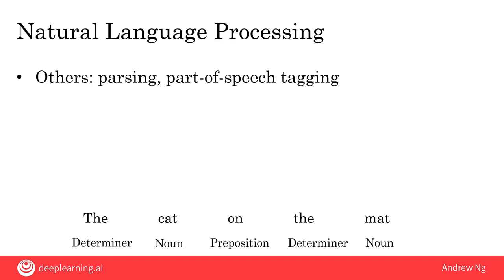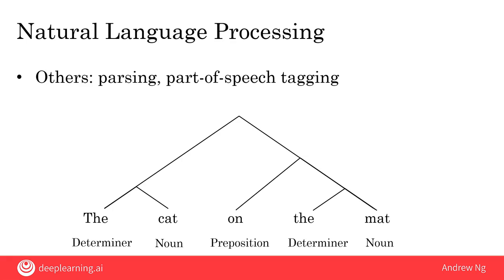Given these 5 words, a parser helps group the words together into phrases. For example, the cat is a phrase and the mat is a phrase, and so a parser will draw these lines on top of the words to say those words kind of go together. On the mat is another phrase, and finally the 2 phrases the cat as well as on the mat, these 2 phrases are then combined to form the overall sentence.